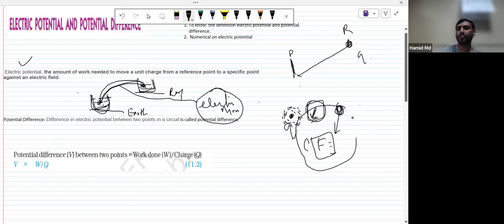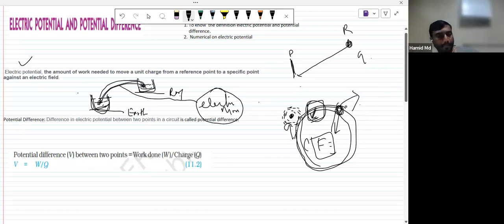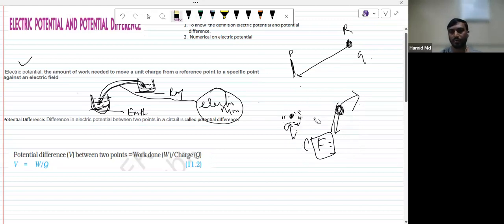So when we have to send a rocket, we have to provide some force so it goes beyond the Earth's environment. Similarly, I think it's clear.